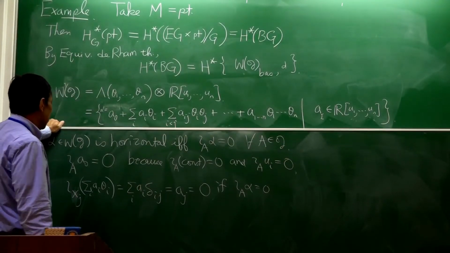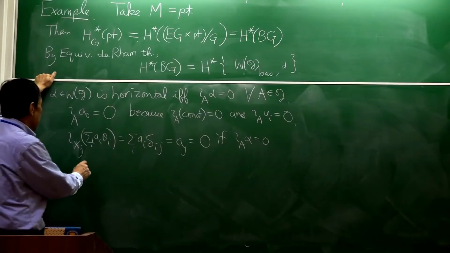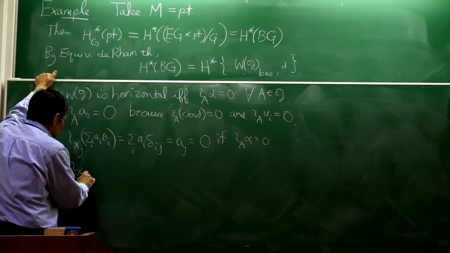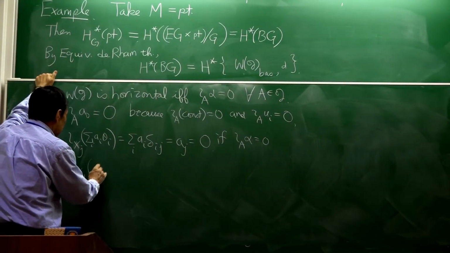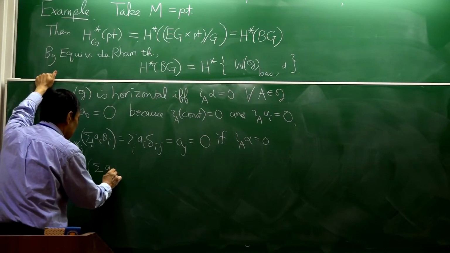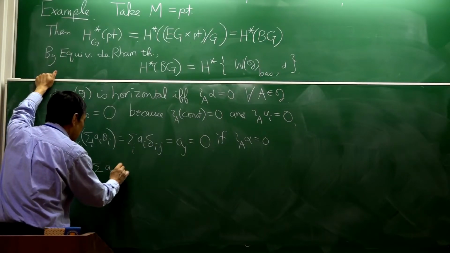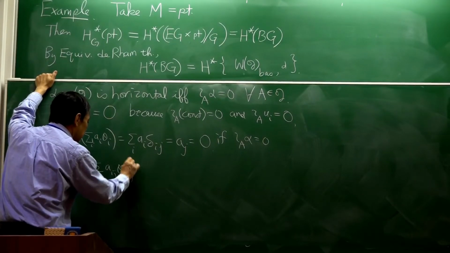And then, let's just do IX1. So what's IX1 of a sum of AIJ theta I theta J?